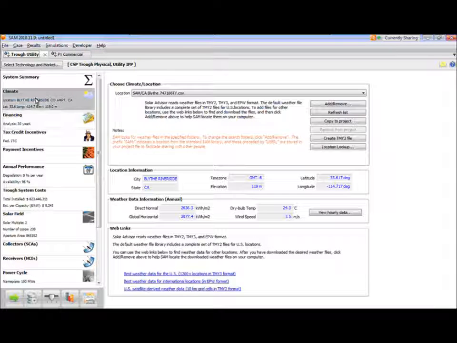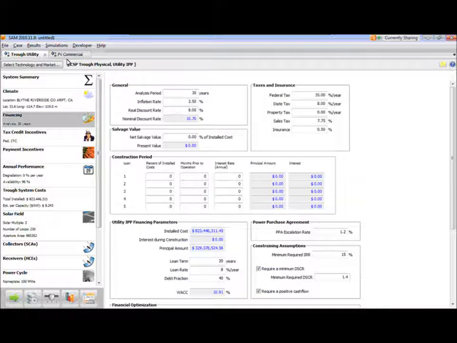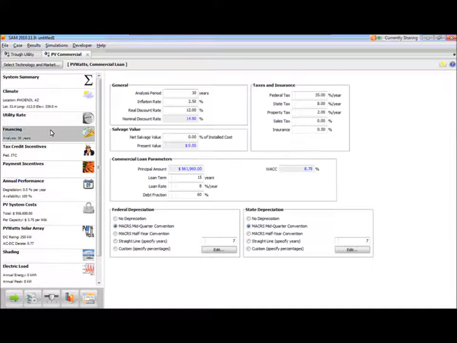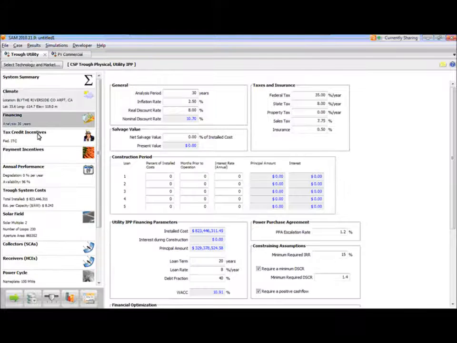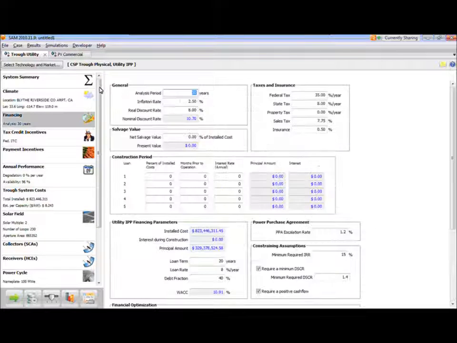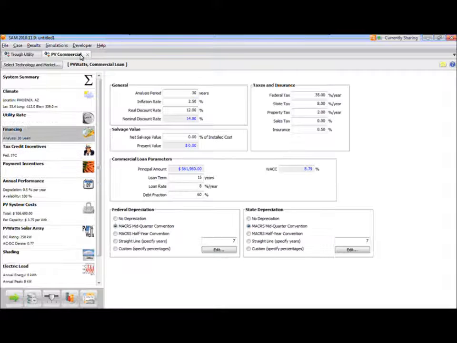And so I want to compare the financial inputs for the two project types. This is the commercial project, and this is the utility project. And what you'll notice is that the inputs in the general category, taxes and insurance, and financing parameters are the same for the commercial and utility cases.